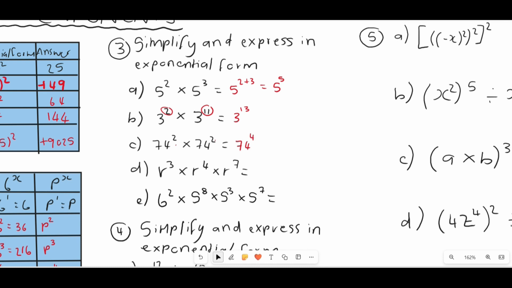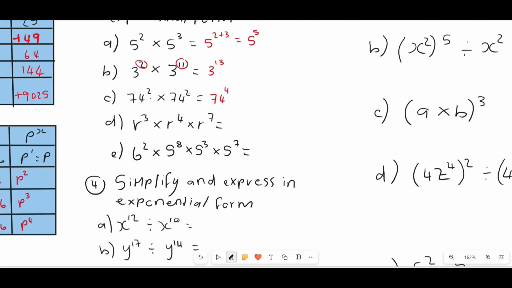Okay, just going to move up here. This one now becomes r to the power of 3 plus 4 plus 7. So to make this addition sum easier, we know that 7 plus 3 is 10, plus another 4 will give us 14.